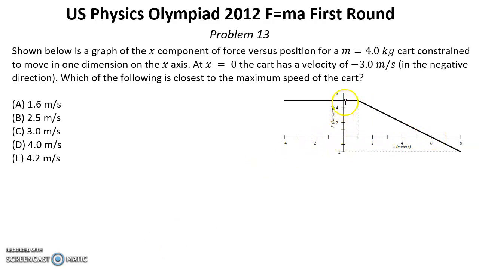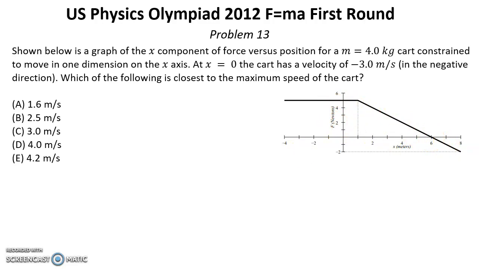For the rectangle we have 5 newtons multiplied by 1 meter, which is 5 joules, and for the triangle we have 5 multiplied by 5 and divided by 2, which is 12.5. So the total area will be 17.5 joules.